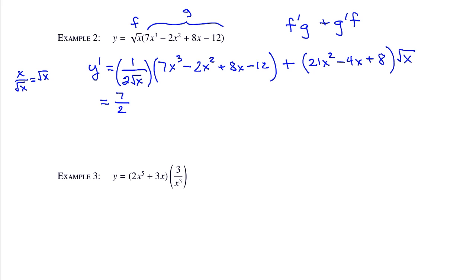Right? Because x is really x to the first power. The square root of x is really x to what power? The 1/2 power. If you have x to a power divided by x to a power, you subtract the powers. So this is x to the 1 minus 1/2, which is x to the 1/2, but x to the 1/2 is the square root of x.